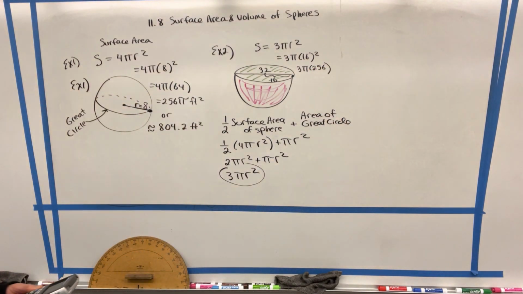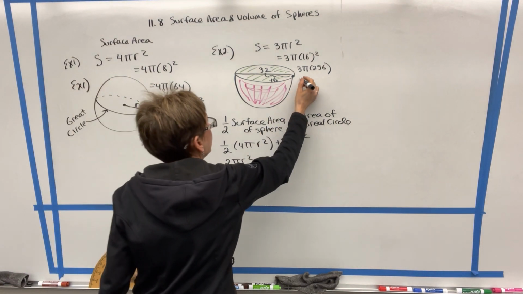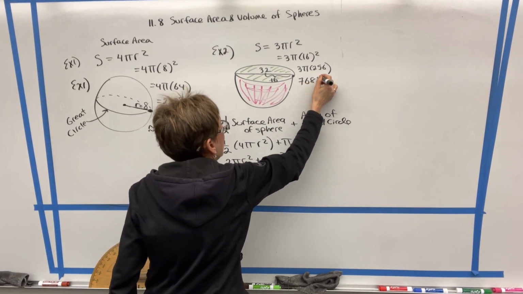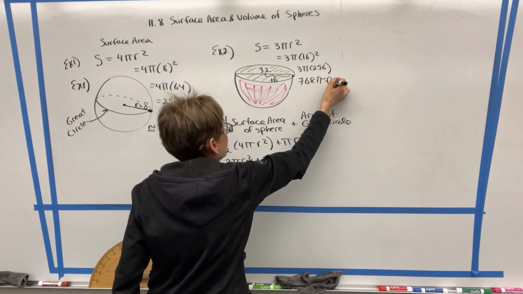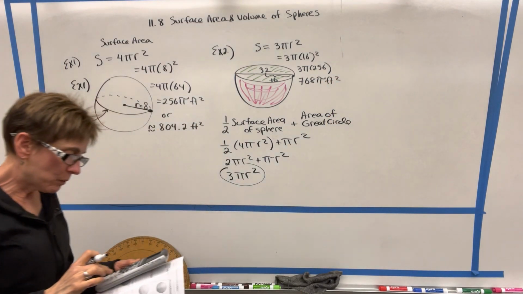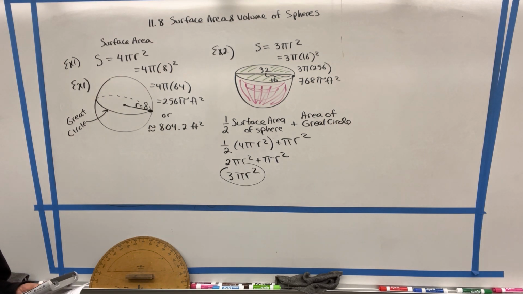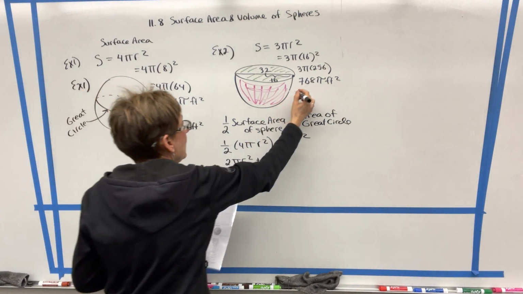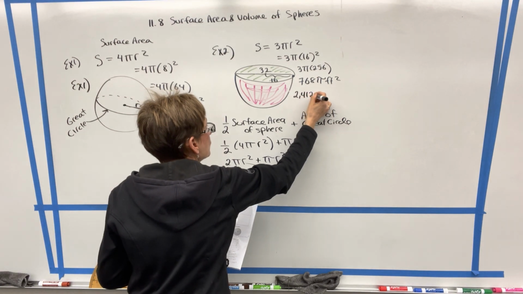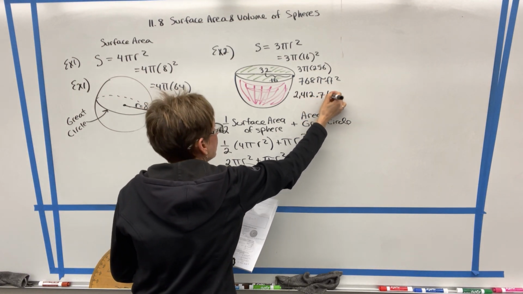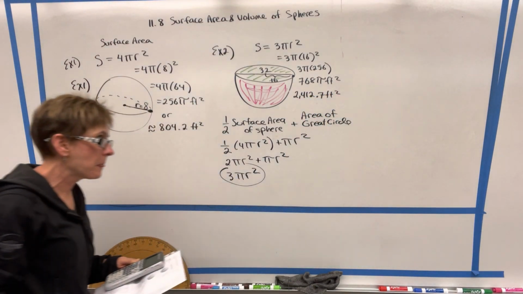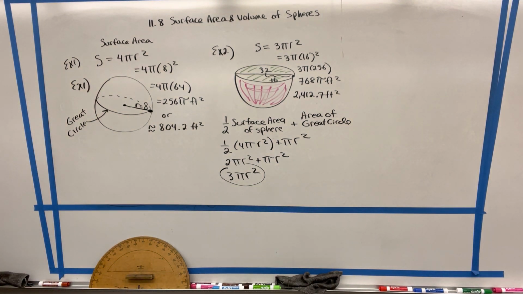Then I would take 256 times 3 and get 768 pi. And again, this would be, say, in feet squared. If I want to turn that into a decimal using the pi button on my calculator, I can. And then it would be approximately 2,412.7 feet squared. I usually just leave the pi on there because that's the way it is on your SAT exam.